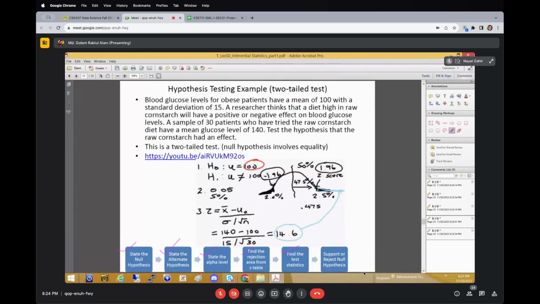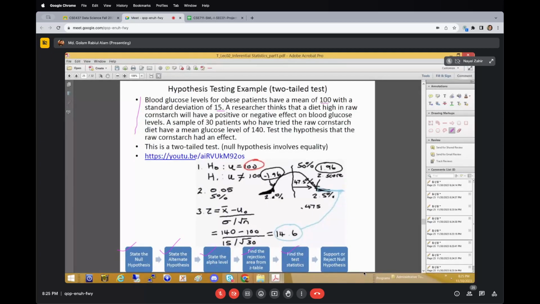Now let's say one example is given here. Blood glucose levels of obese patients have a mean of 100 with a standard deviation of 15.